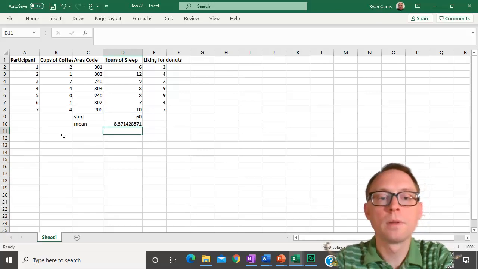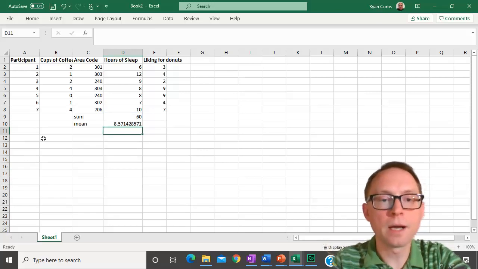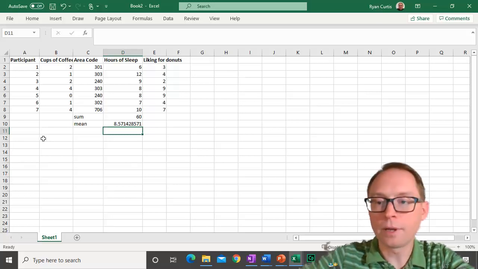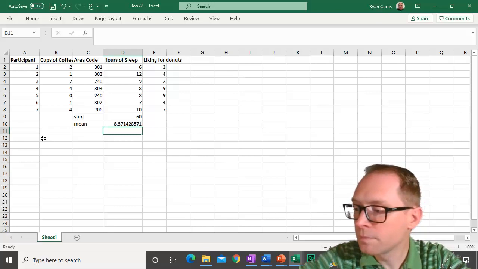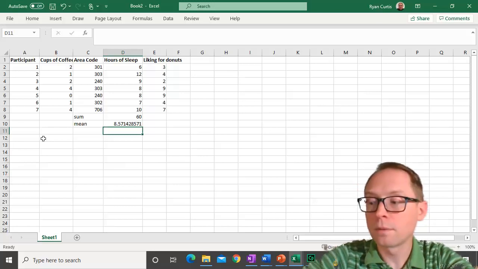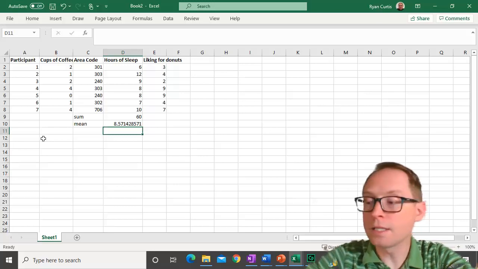So 60 divided by 7 is 8.57. So the mean is 8.57. Is this mu or x bar? This is x bar because this is a sample. This is not the entire population.